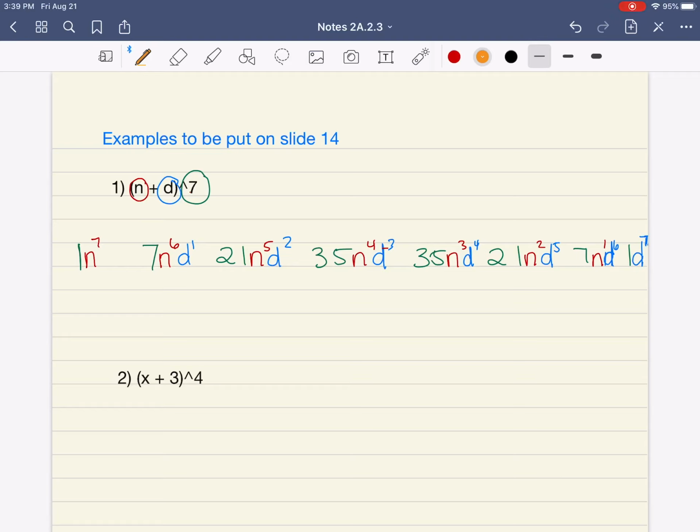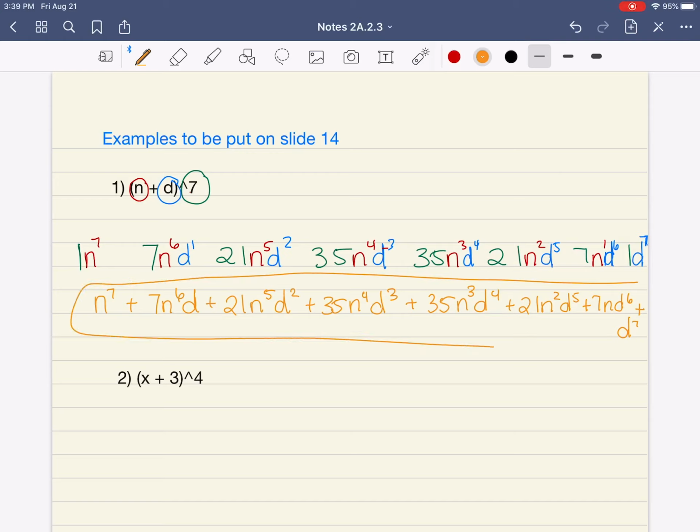So 1n to the 7th, we don't actually have to write the 1, it's just n to the power of 7, plus 7n to the power of 6 d, we don't actually have to write the power of 1, plus 21n to the power of 5 d squared, plus 35n to the 4th d cubed, plus 35n cubed d to the 4th, plus 21n squared d to the 5th, plus 7n d to the 6th, plus d to the 7th. I kind of ran out of room there.